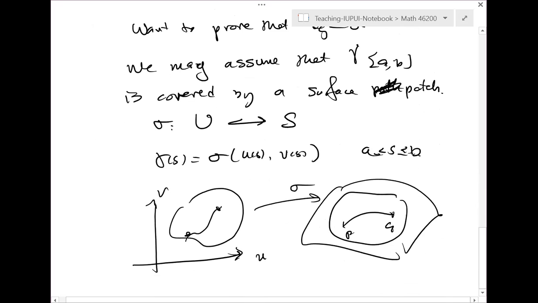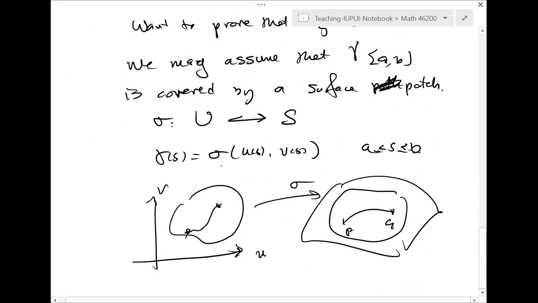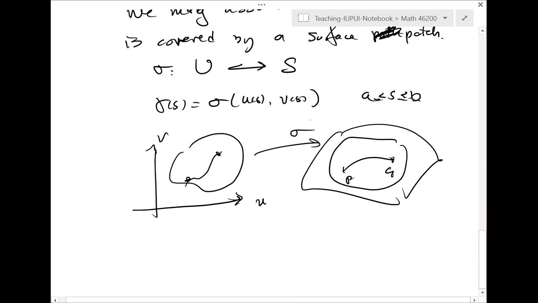And the curve can be expressed in this form because this piece of curve is covered by the surface patch. So it can be expressed as gamma(s) equals sigma(u(s), v(s)).